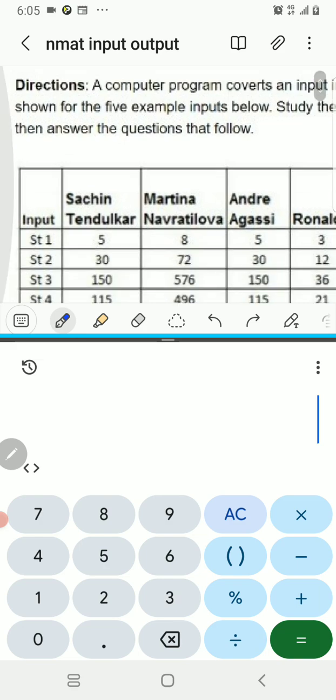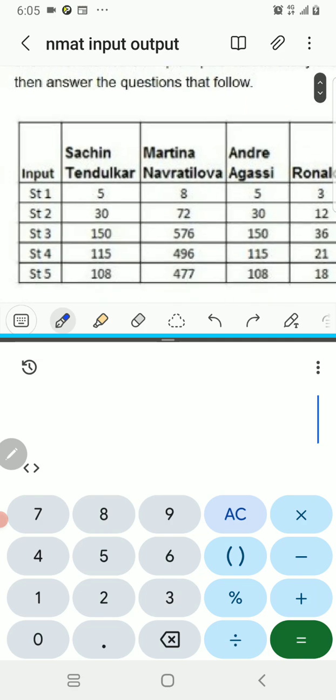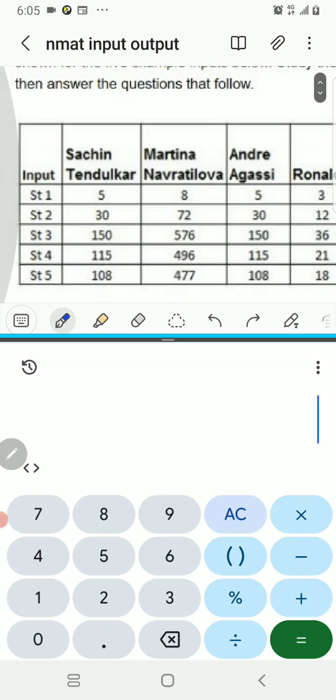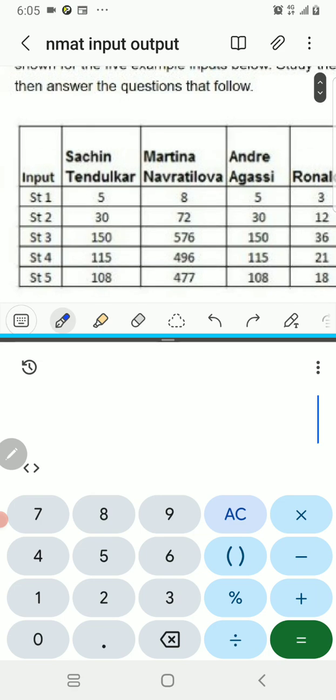Okay, for this one we are given this table. I've also placed a calculator here to make the demonstration easier. What is output 1? That is stage 1. This is the output 1. But this is 5 and this is also 5.